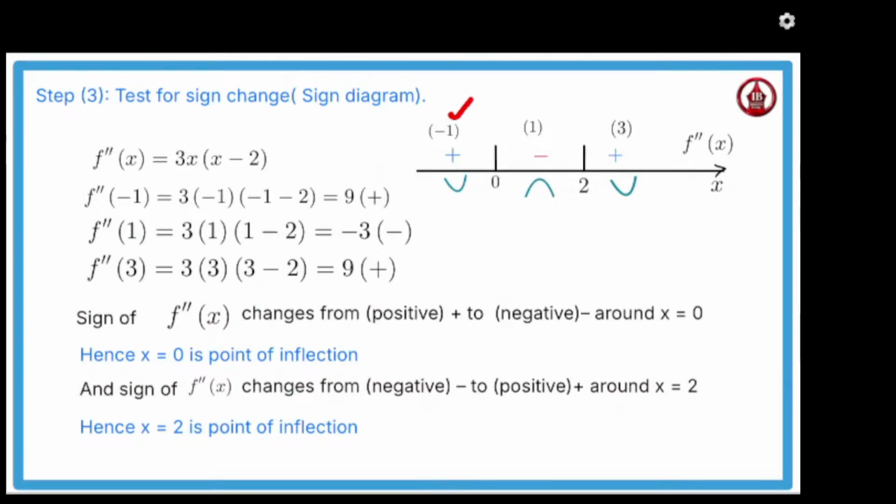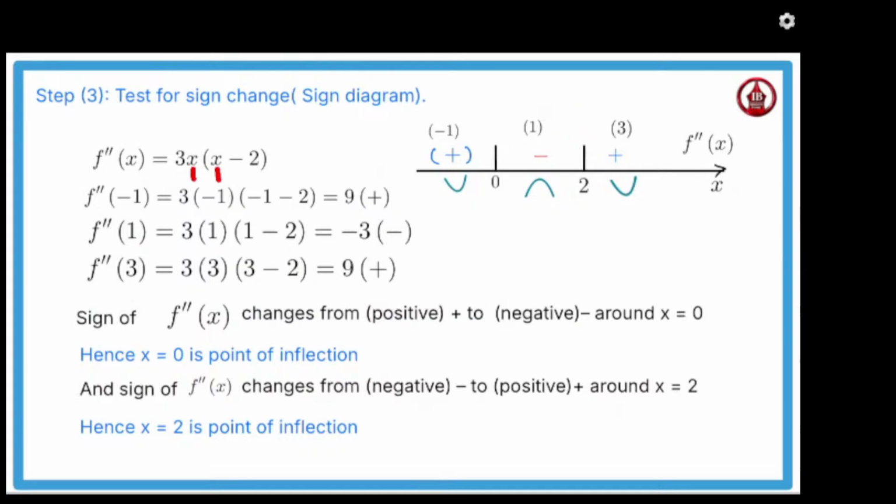Now these points we will substitute in the second derivative. So I am putting -1 in the second derivative. So here -1, here -1. So I am getting +9 because -3 into -3 is +9. So this is a positive point. Then I am putting 1 into the second derivative.